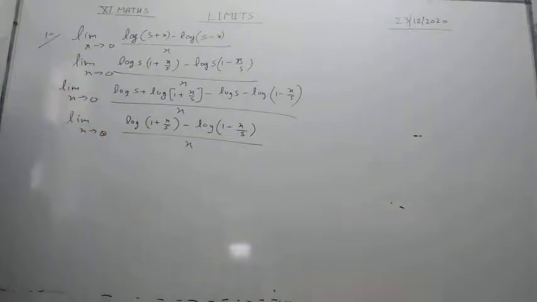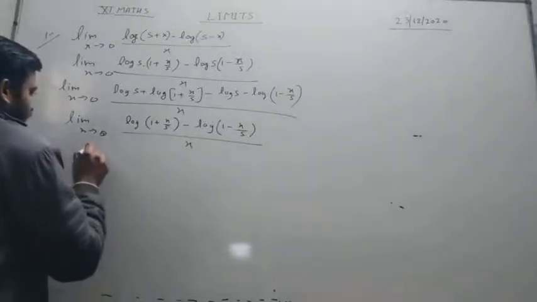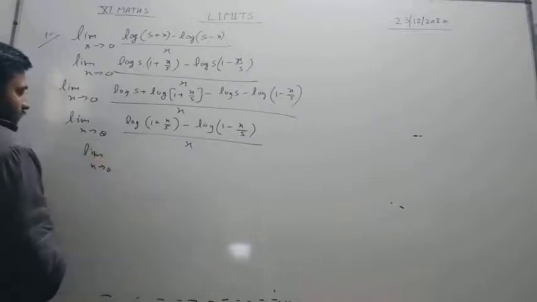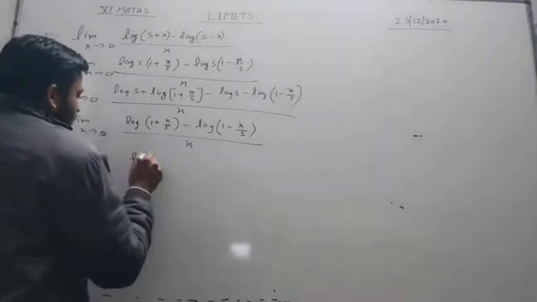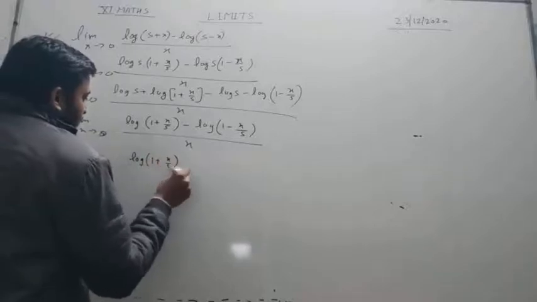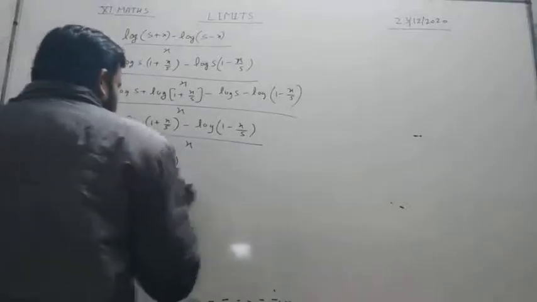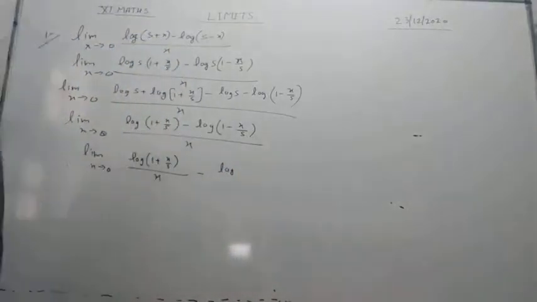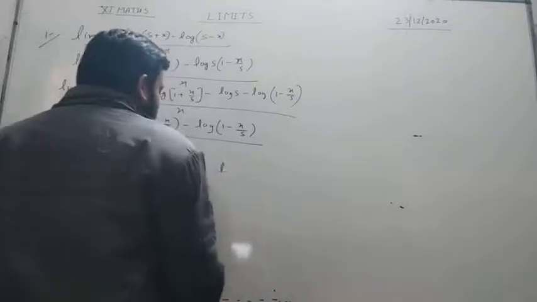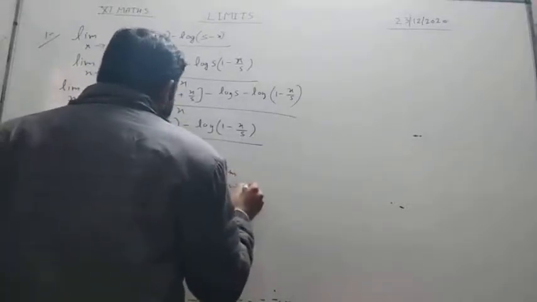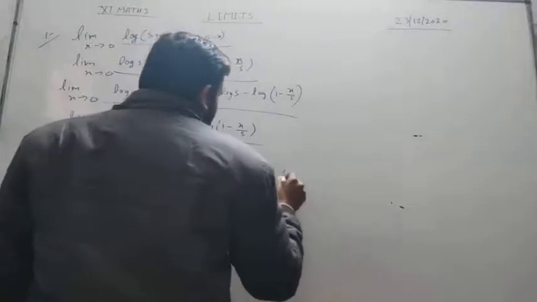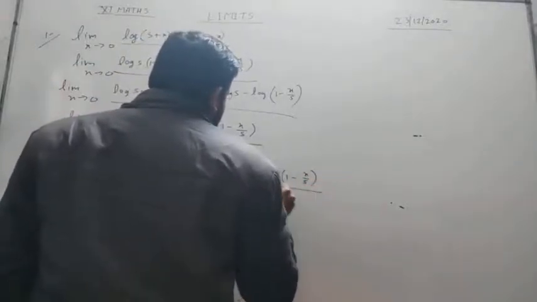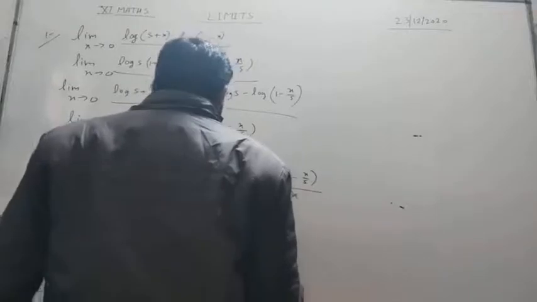Okay, students. Now we will separate the limit: limit x tends to 0 of log(1 plus x by 5) by x, minus limit x tends to 0 of log(1 minus x by 5) by x.